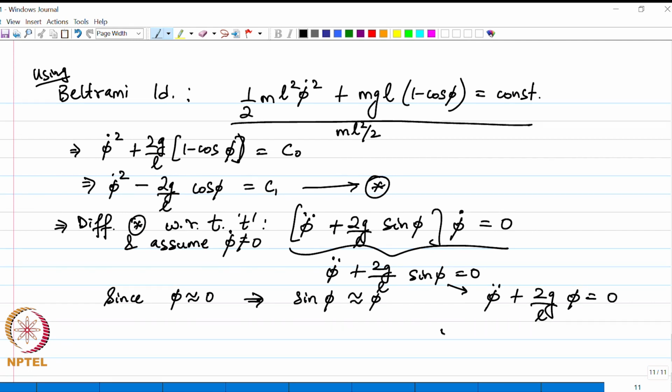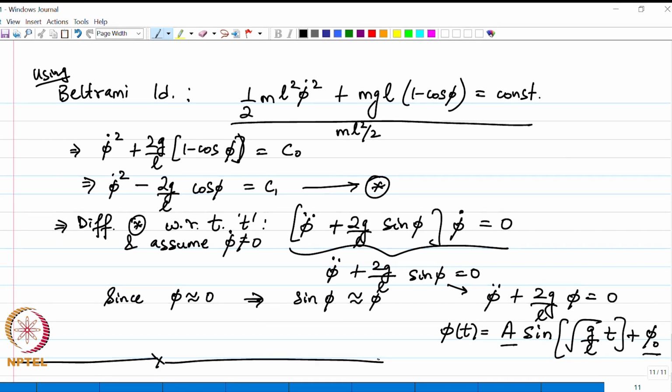So, I can write down this solution, phi of t, in terms of a constant A sine of square root g by L times t plus phi naught. It is a solution with two unknowns, A and phi naught, and these two unknowns are determined by the boundary conditions. And that is where we can stop our discussion on this example.